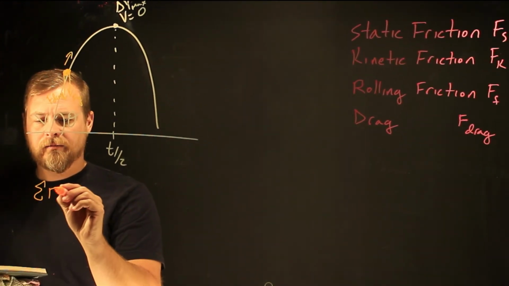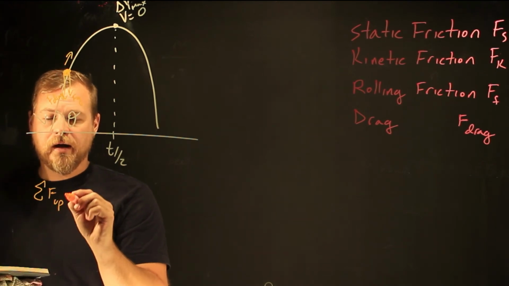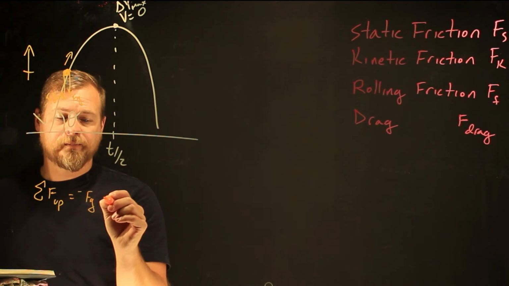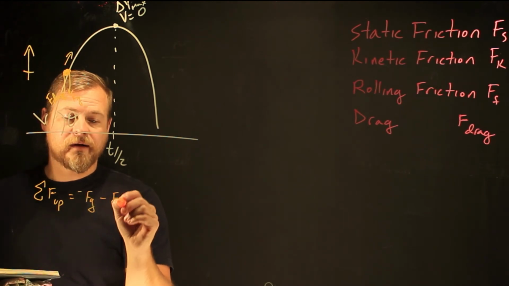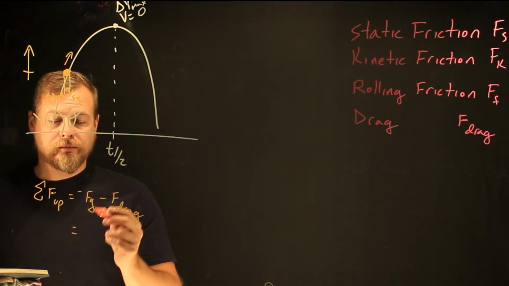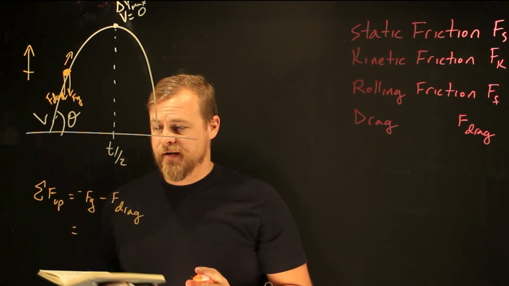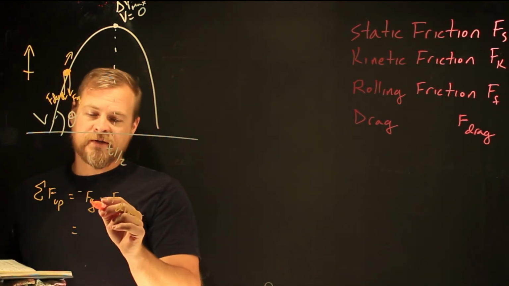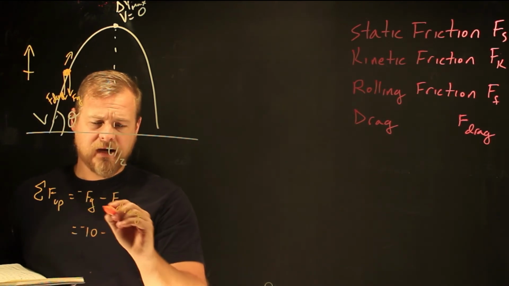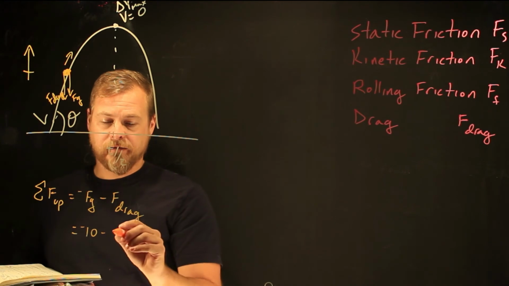So the net force on the way up is equal to negative F of G, and I have negative drag. And just to put some numbers in here so we can compare both sides easier, I'm going to say that the weight of this object is 10 and the drag here is 0.5.